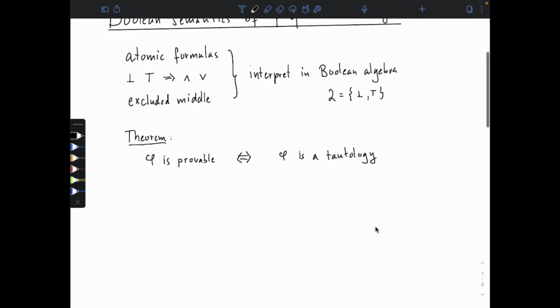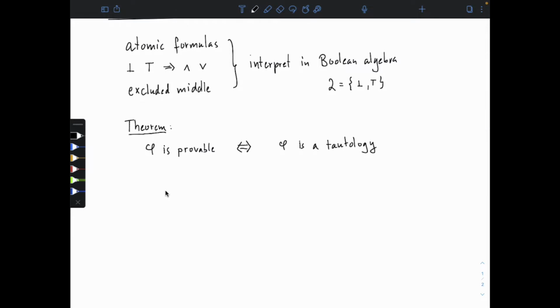So phi is provable means that we get a proof of the statement that with zero hypotheses, we can prove phi, and so there's going to be some derivation here, some tree showing how phi is provable.